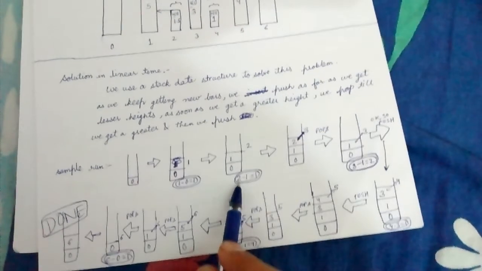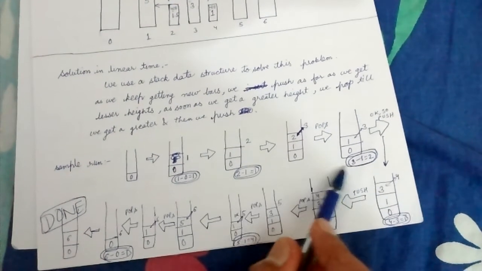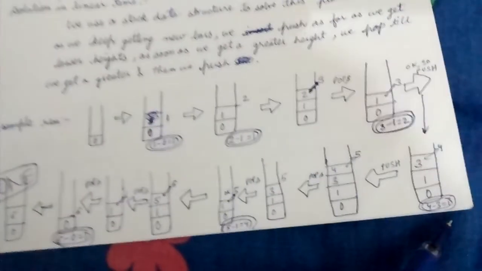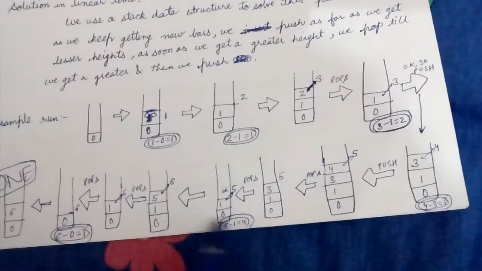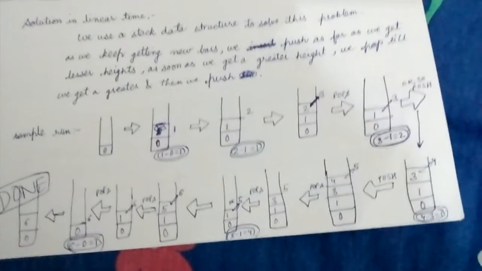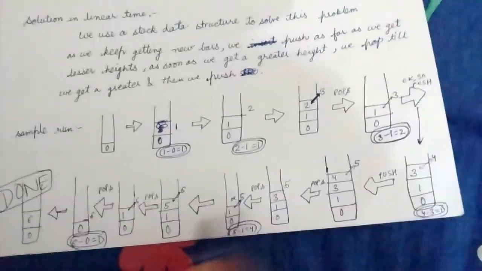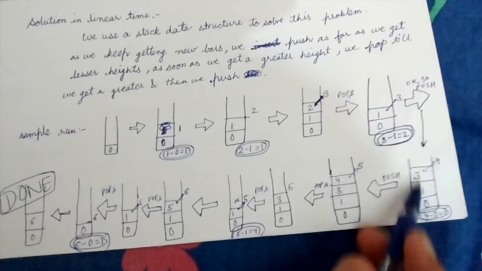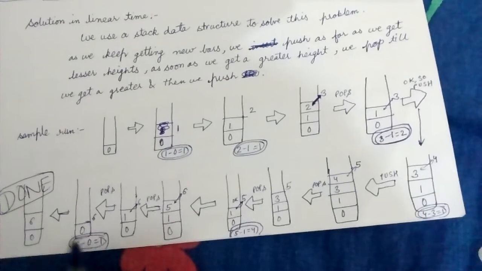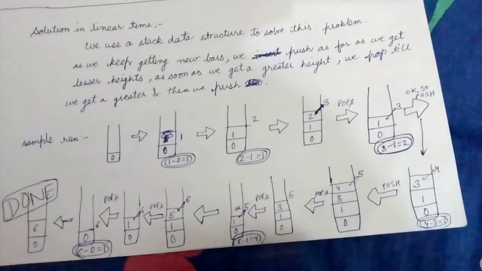So 1 minus 0, here we give 2 minus 1, here we give this, these double circle things. Here we give this, here we give this, 4, here we give this. So these are the required answers. So we print the answers while we push an element. So it is printed meanwhile in this algorithm.